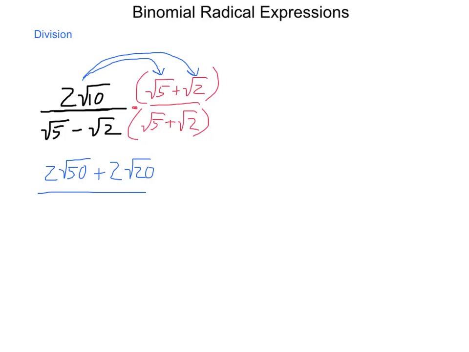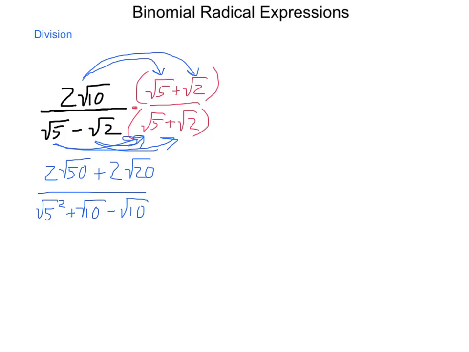That will be over square root of 5 times square root of 5 is the square root of 5 squared. That's here. Now square root of 5 times square root of 2 is plus the square root of 5 times 2, which is 10. Negative square root 2 times square root of 5 is minus the square root of 10.